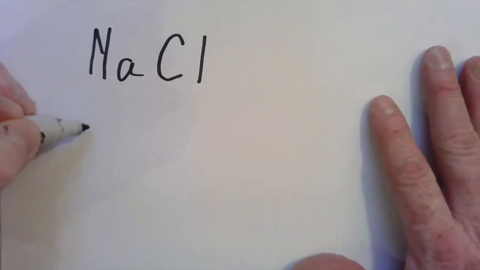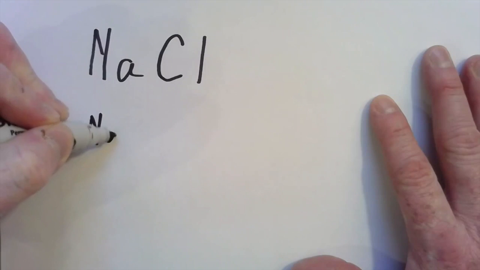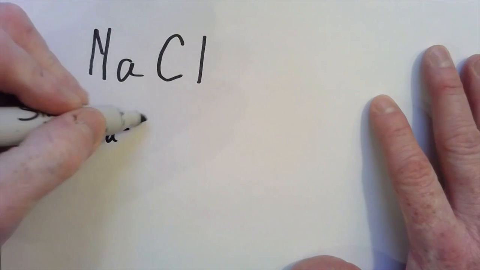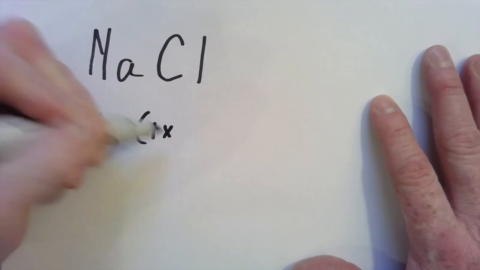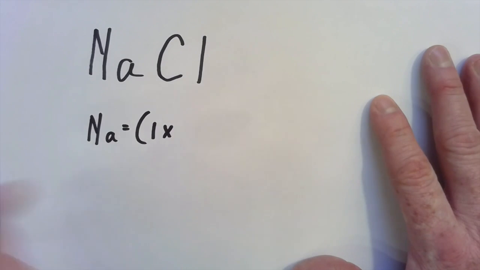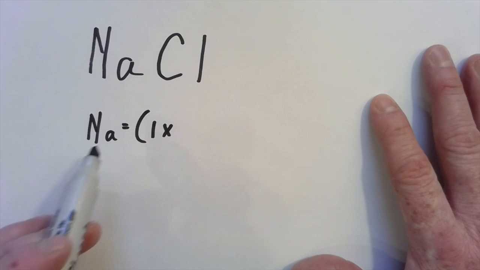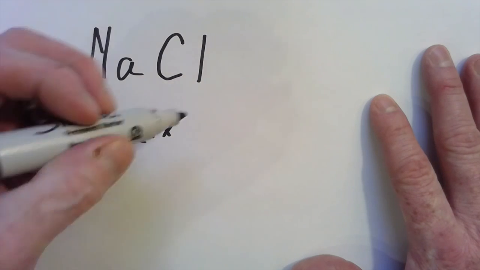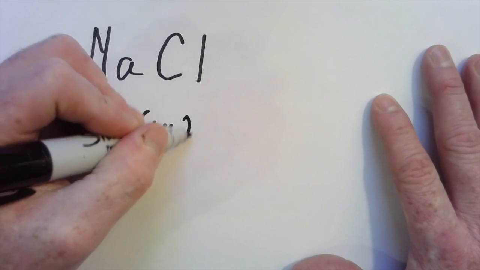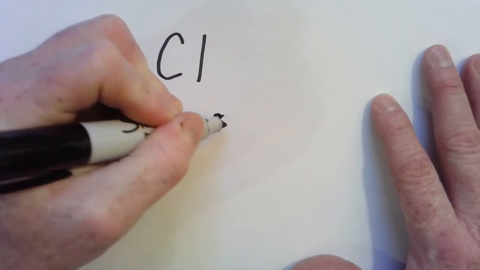Now, sodium, Na, has only one atom of it. I'm keeping the form the same here, by the way, just so that you hopefully can get in good practice for doing this every time you work the molar mass of something. So if I've got one atom of sodium, and sodium weighs 22.99, again, let's round that up to 23 grams per mole.